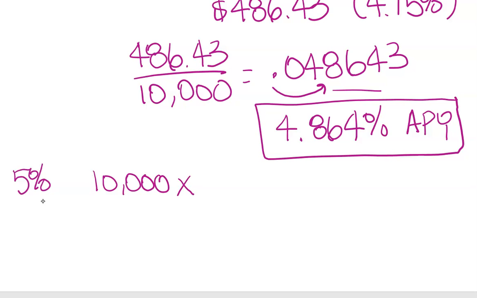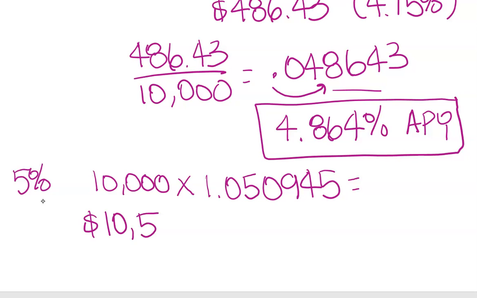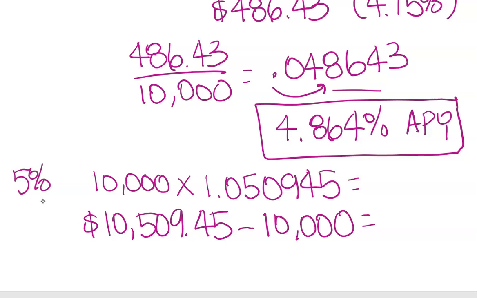Remember, it's 5% quarterly for 1 year, not 4. 1.050945, which gives you $10,509.45. Then you have to subtract out your investment. And this is how much interest you get, $509.45.